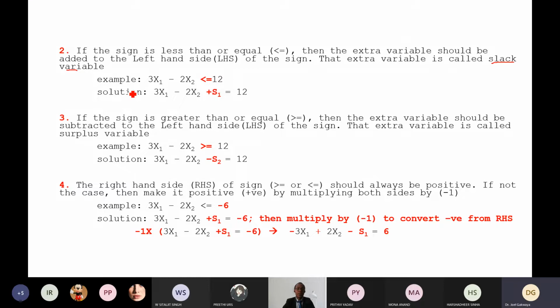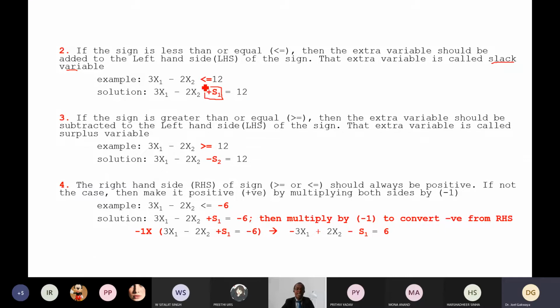Look at this example. 3x1 minus 2x2 is less than or equal to 12. This is a constraint. The solution is 3x1 minus 2x2 plus s1 equal to 12.